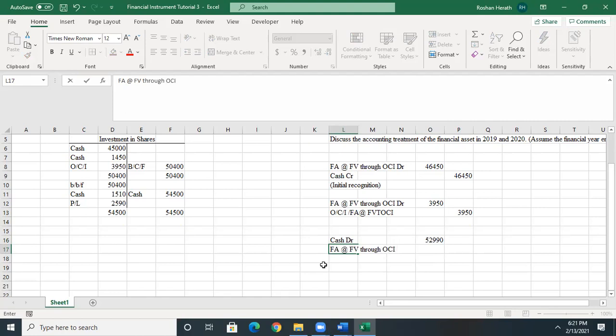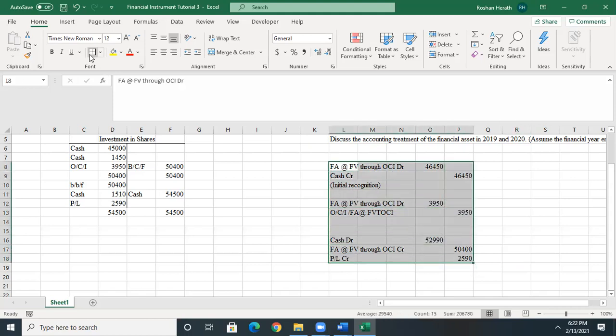You're going to get rid of that, since it gets credited. It's going to be 50,400. So the difference is there, that is your gain, 2,590, and that should be the gain that you recognize in P&L. So this is what has eventually happened there. So that's about the ultimate disposal.